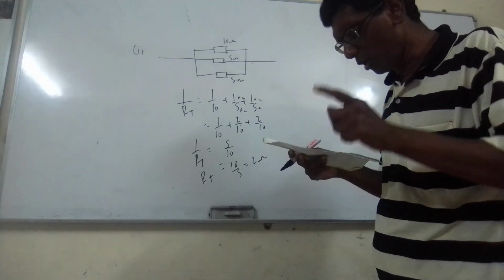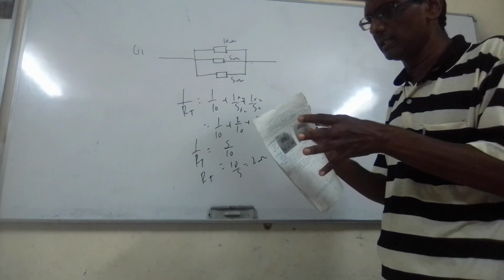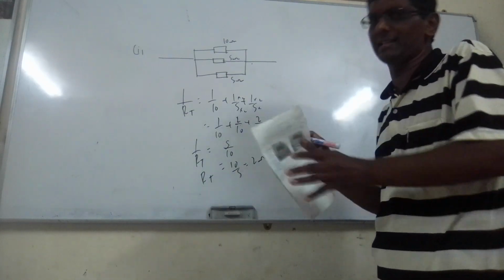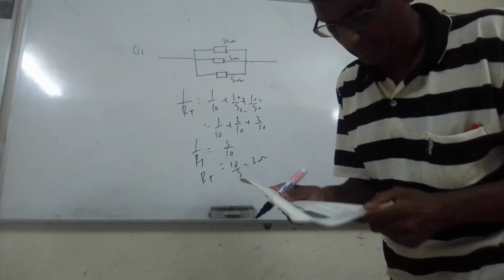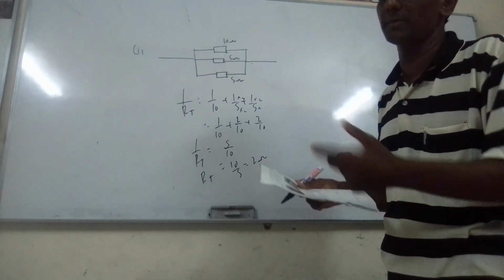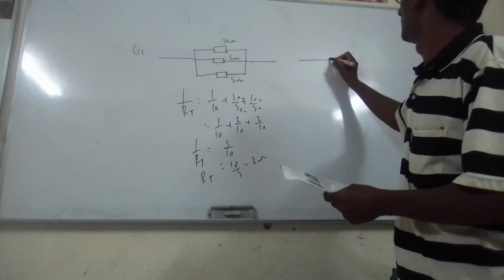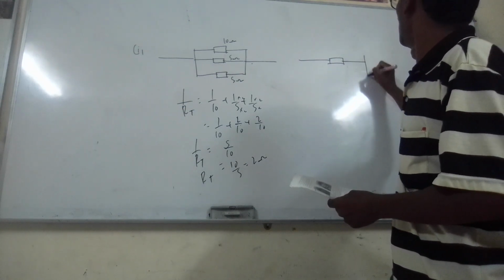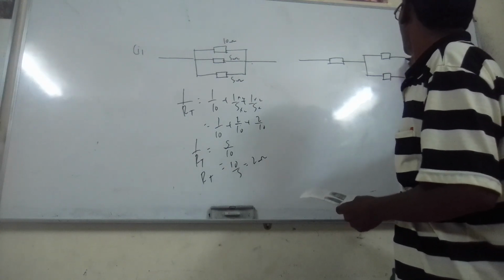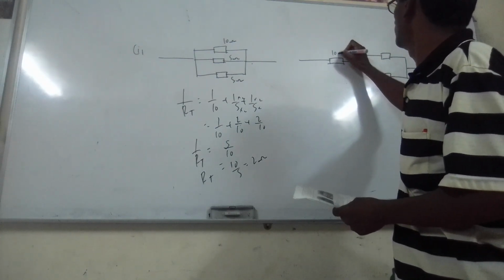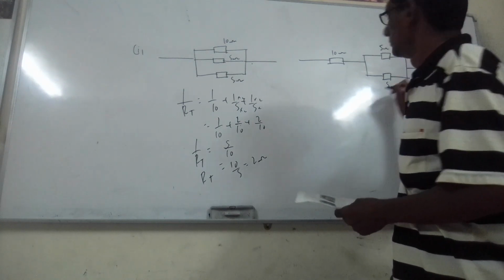We want more than 10 ohm but less than 20 ohm. The total resistance must be more than 10 ohm but less than 20 ohm. It must be a combined circuit. This is 10 ohm, this is 5 ohm, this is 5 ohm.